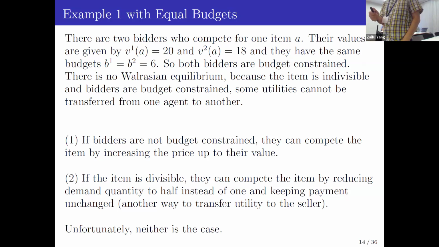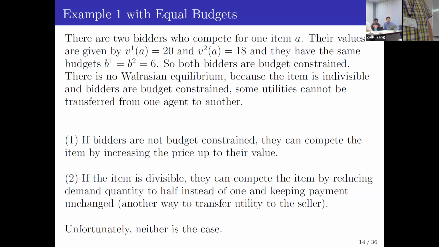The value of bidder 1 is 20, and the value of the second one is 18. Then there's no valuation equilibrium price, because at 6 both want the item, so there's over demand. But if you increase the price, it's beyond your budget, so it's not possible for you.